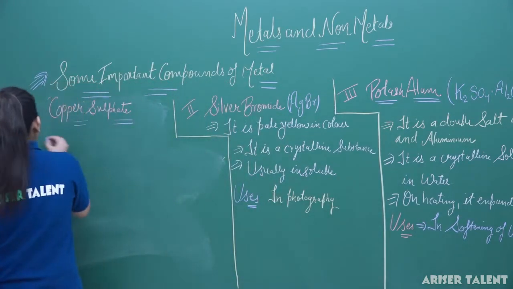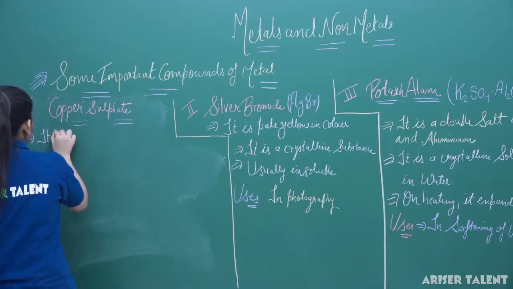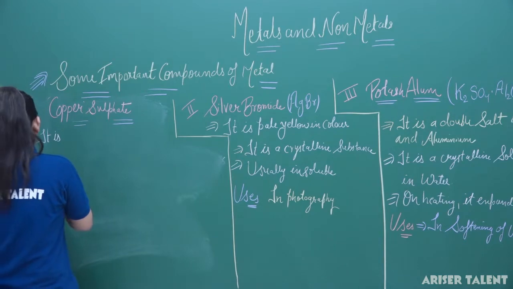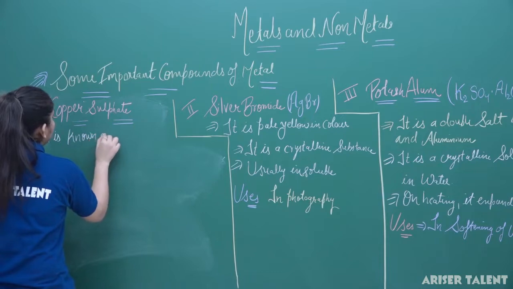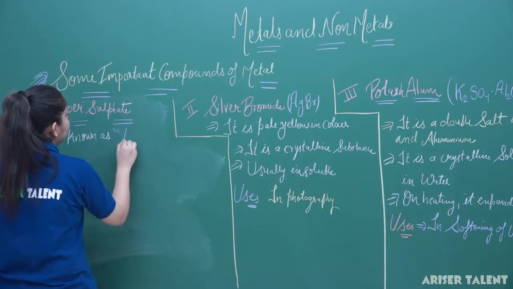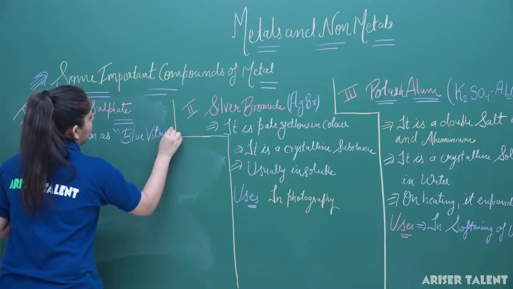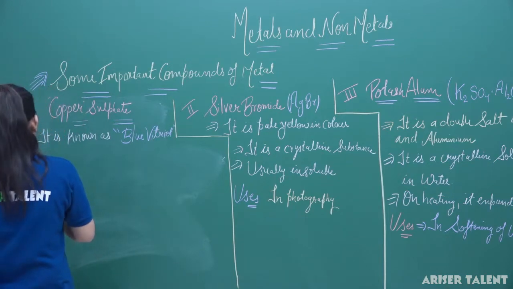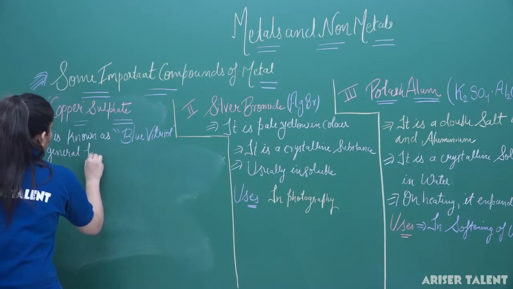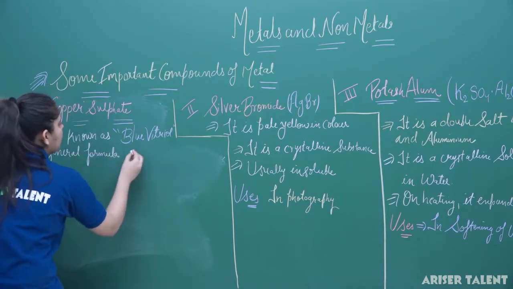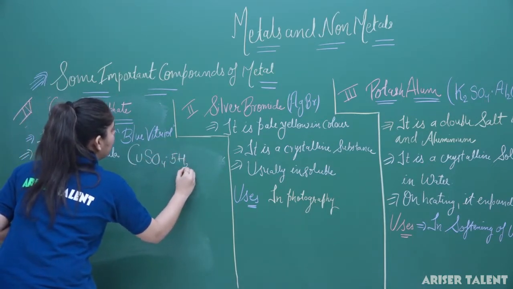So it is blue in color and it is known as blue vitriol. It has the general formula CuSO4.5H2O.